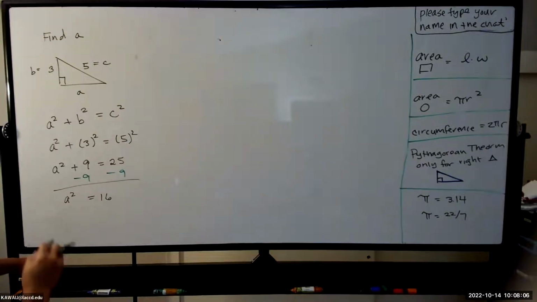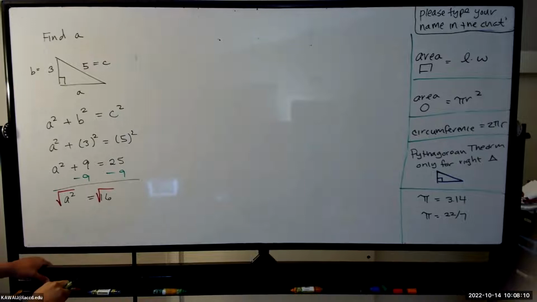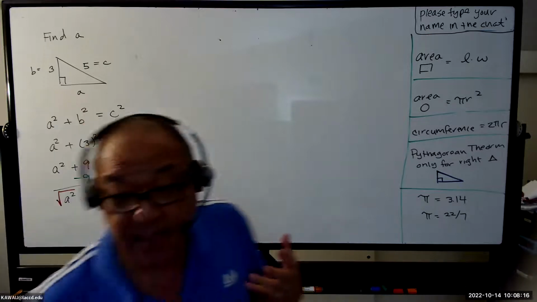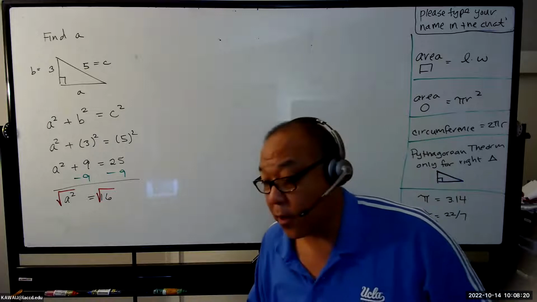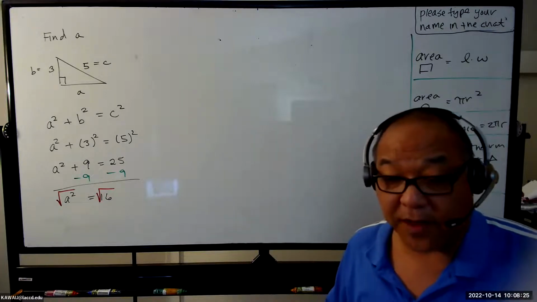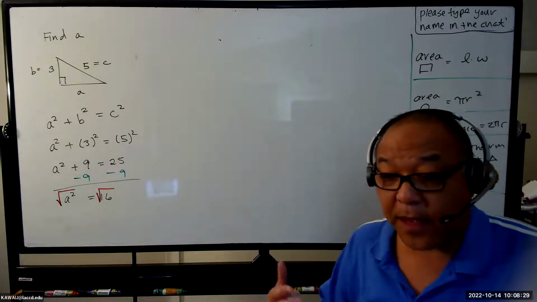Now, normally when you square root both sides, you add a plus or a minus. The reason why we don't add a plus or minus is because a is a distance. So for example, if I was to ask you, how tall are you? You would say something like, oh, I'm 5'8" or I'm 5'4". You wouldn't say I am -5'8" or -5'4", right? If I asked you, how far do you live from LA Valley College?